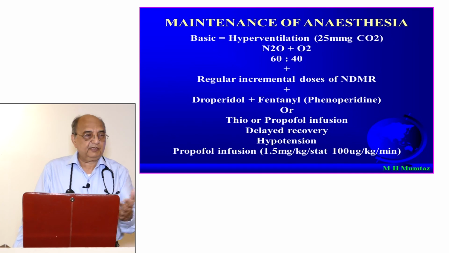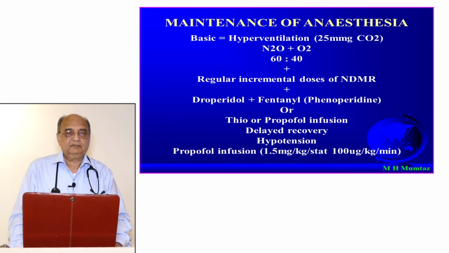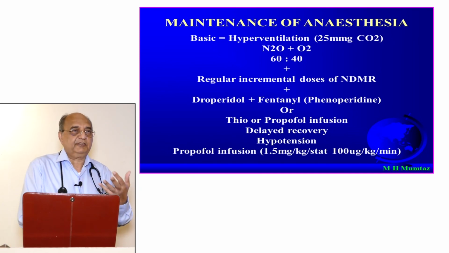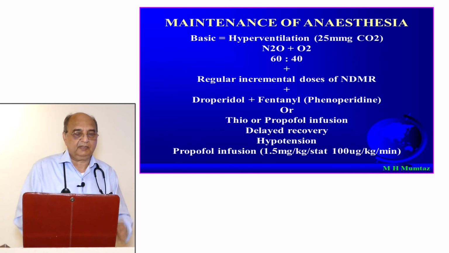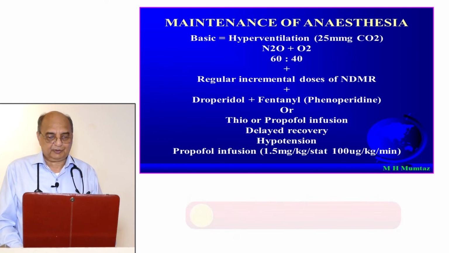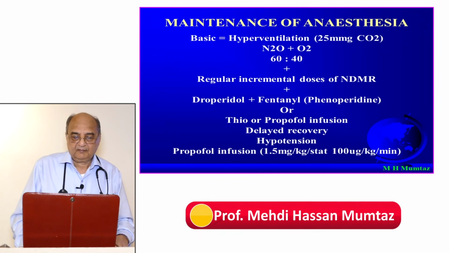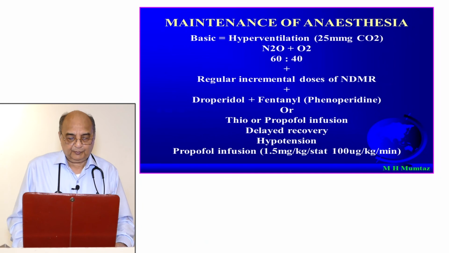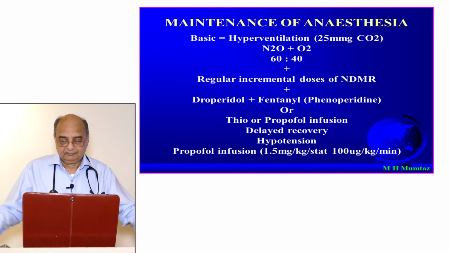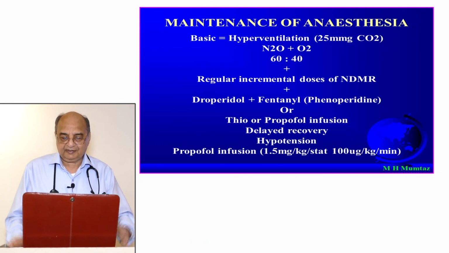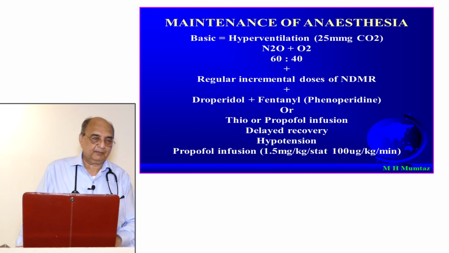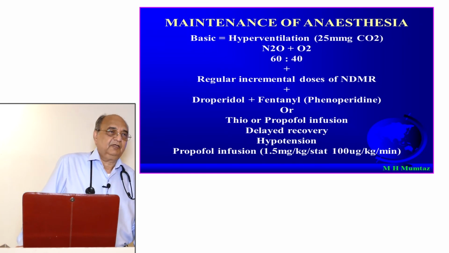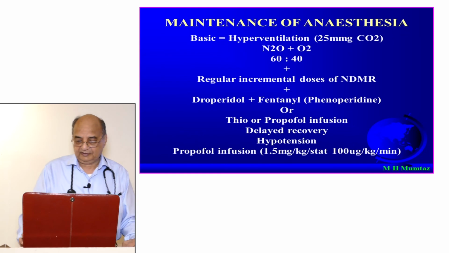Thiopentone or propofol infusion to keep them asleep. Patient should be asleep, sedated, relaxed, and oxygenated, and the carbon dioxide should be washed out, right? Propofol infusion, 1.5 milligram per kilogram, 100 microgram per kilogram per minute, but these are immaterial. According to the response of the patient, you give these things.